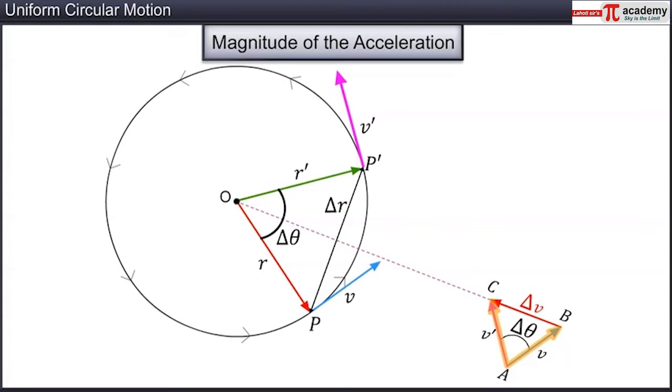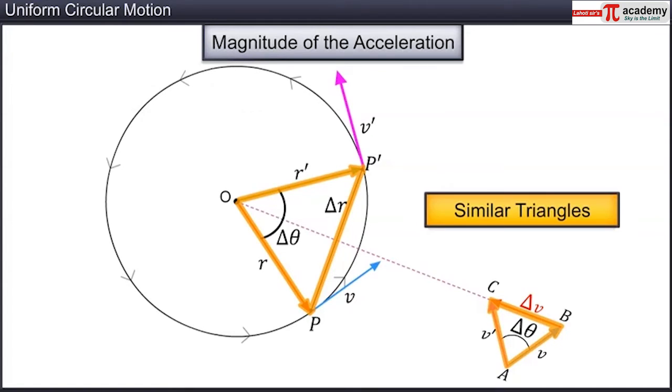As v and v' are perpendicular to r and r', the angle between v and v' is also delta theta. Therefore, triangle OPP' formed by the position vectors and triangle ABC formed by the velocity vectors are similar.